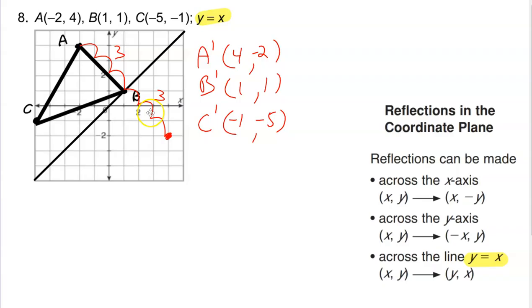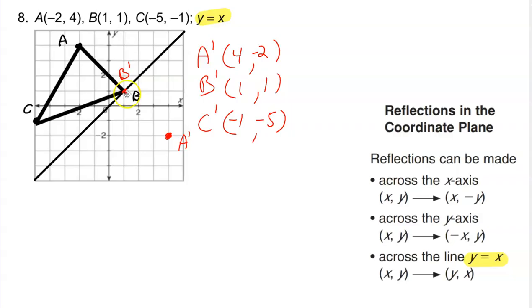Okay. Now sometimes it might be half a square. When that happens, just count it as a half and then count that half again and keep counting. It should still be the same distance. So that's going to get us our A prime. B prime is still 1, 1.